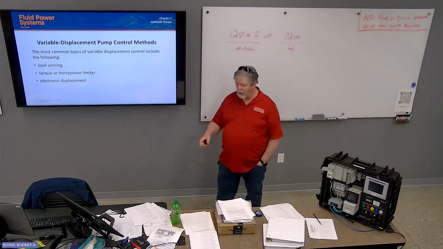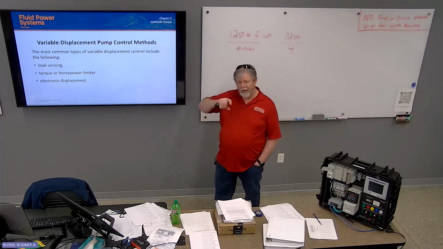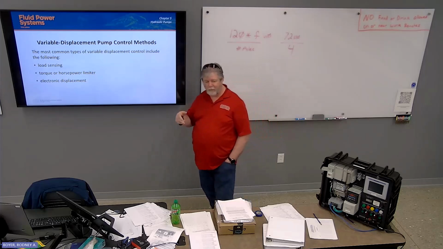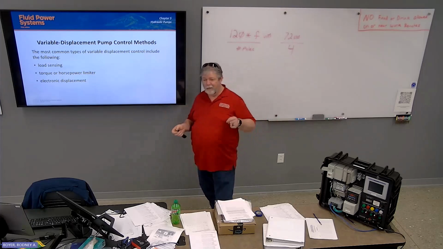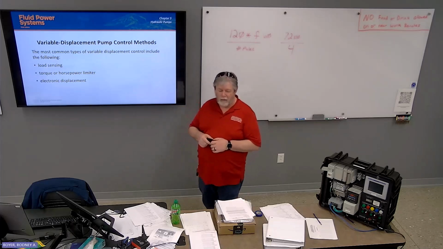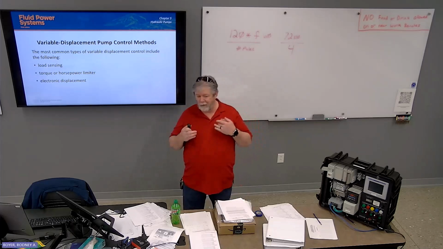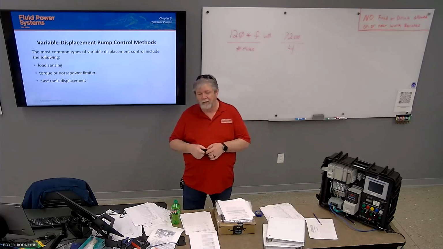Okay, so my load sensing pump, if I have no movement in my system at all, I'm going to have one pressure, right? Whatever my pressure relief is set at. But if I have things moving, I'm still resisting the flow of the fluid, but I'm allowing some of it to move.